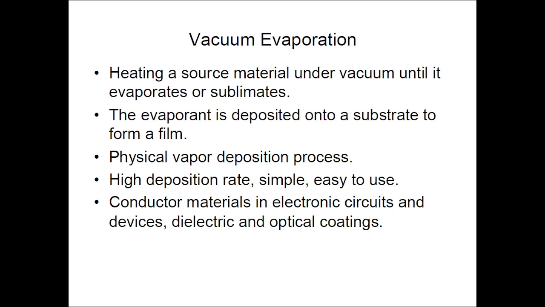This is a physical vapor deposition process, in which you can obtain a high deposition rate, and the method is simple and easy to use. Normally this is utilized for conductor materials in electronic circuits and devices, and for dielectric and optical coatings as well. Vacuum evaporation techniques are normally used especially for metals, the conductor materials.